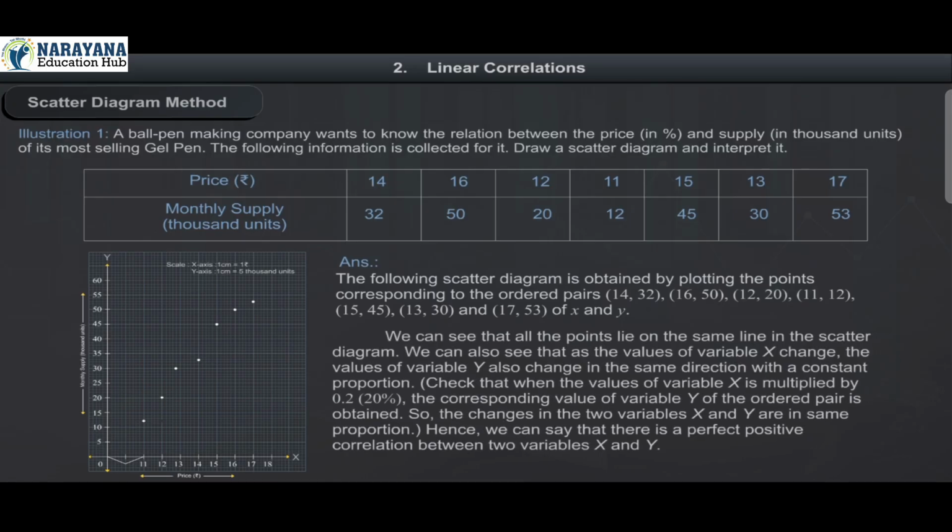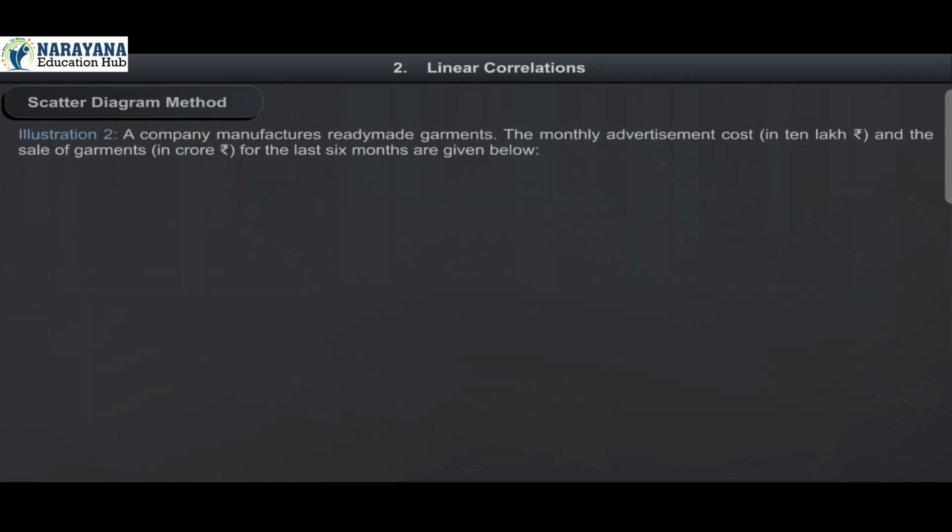We can see that all the points do not lie on the same line in the scatter diagram. We can also see that as the values of variable x change, the values of variable y also change in the same direction, but not with a constant proportion. Hence, we can say that there is a partial positive correlation between the two variables x and y.